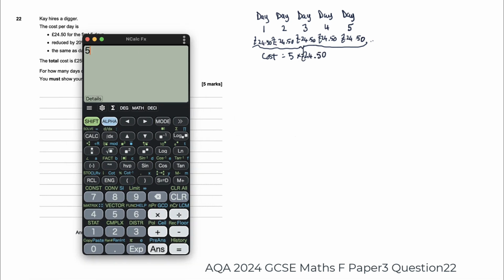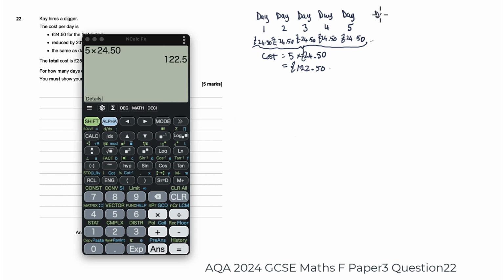That's 5 times £24.50. So in total, that comes to £122.50. So that's day 1 up to day 5.